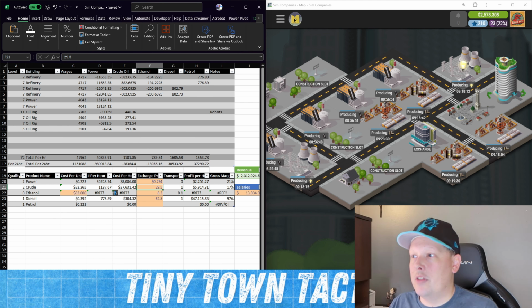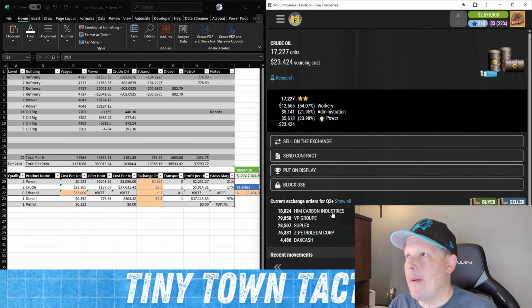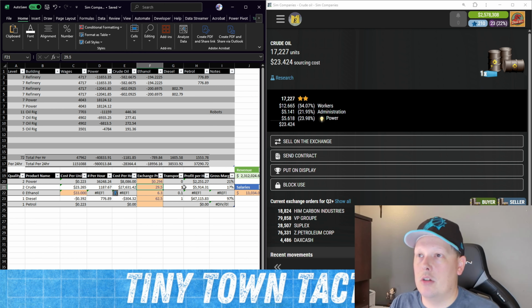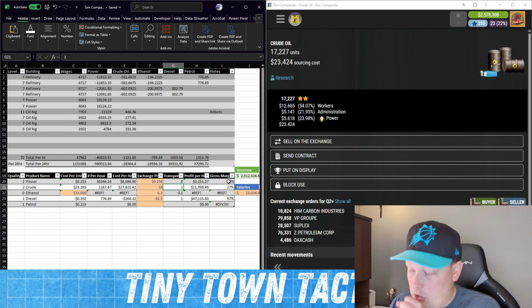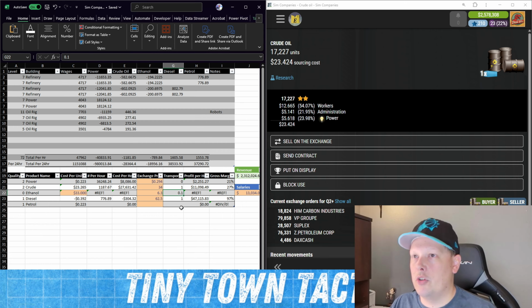So it's all of these. Cost per hour, the exchange rate here. I like to sell oil on the exchange here. So 34. You'll see that. That's a pretty healthy margin. And I've factored in some things here too. Transport, I put how much it costs to sell it on the auction house if you're doing it through the exchange.